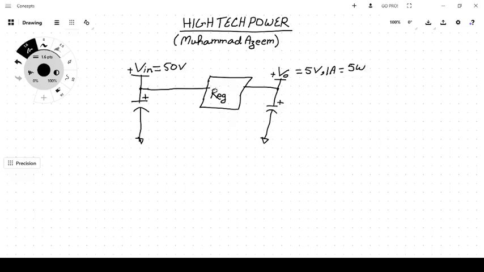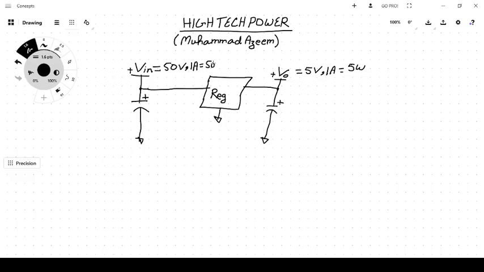But you know that the regulator is in series with the input and output, so 1 ampere would pass through the regulator, and so it will fetch 1 ampere from the input side. So input voltage 50 volt and current through the input side would be 1 ampere, and the power that we have supplied is 50 watt.